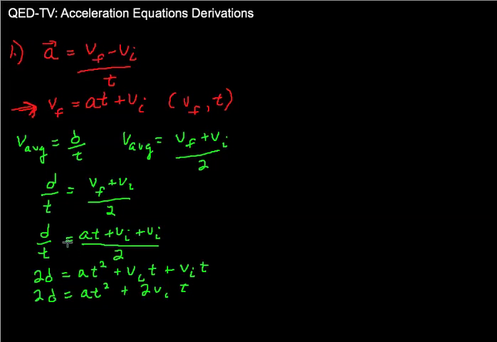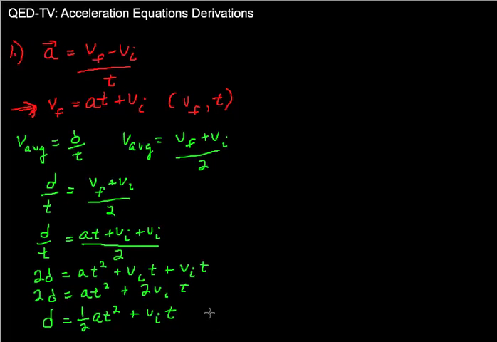And now I'm going to divide everything by 2, so I will have d equals, we'll call that 1/2 at squared, because that's usually how we write it, plus vi t. d equals 1/2 at squared plus vi t.